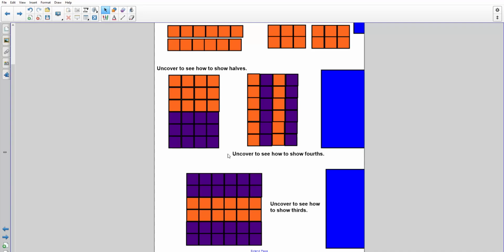If I have 1 part, a 2nd part, and a 3rd part, and each part is equal in its shares, I have shown thirds. So I see there's 1, 2 columns of 6. 6 plus 6 is, that's right, 12. Let's check out this one. 6 plus 6 is 12. This one's got to have 12 if it's going to be another third. 6 plus 6 is 12.